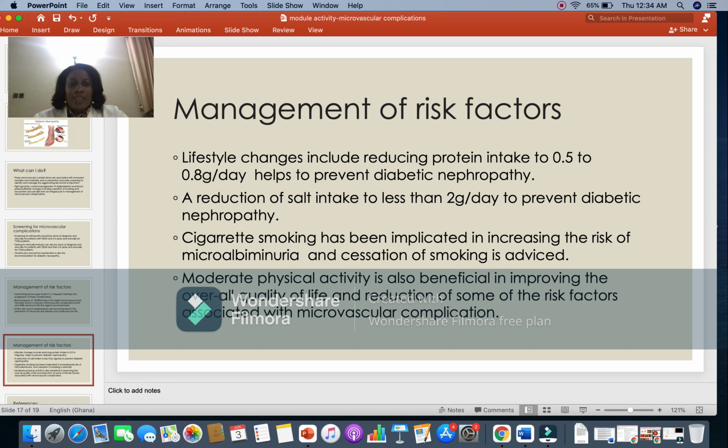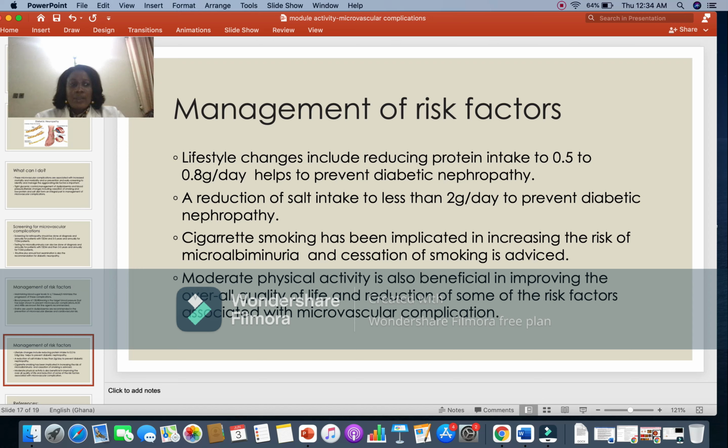Cigarette smoking has been implicated in increasing the risk of microalbuminuria, and its cessation is therefore advised. Moderate physical activity has also been shown to be beneficial in improving the overall quality of life and reducing some of the risk factors associated with microvascular complications.